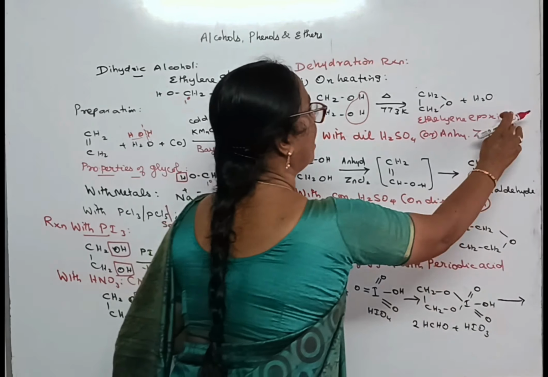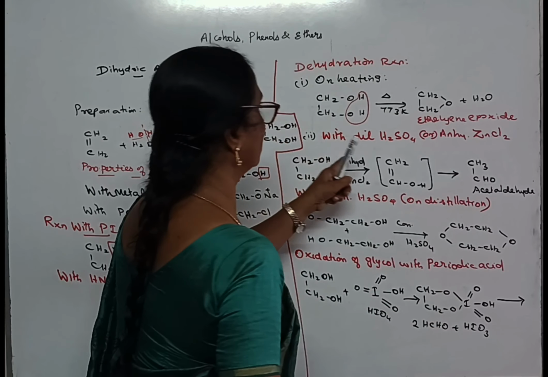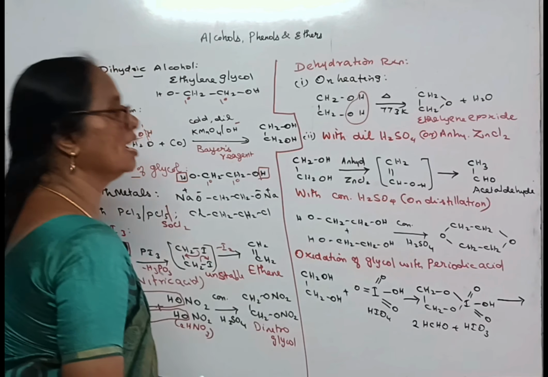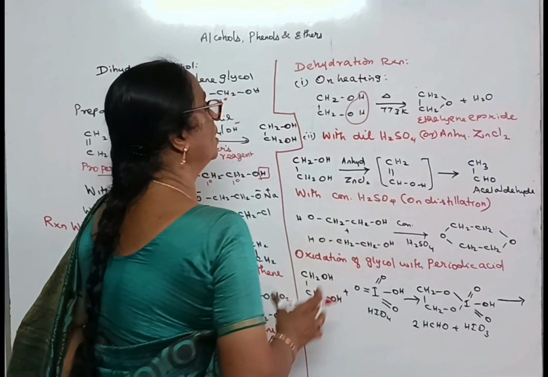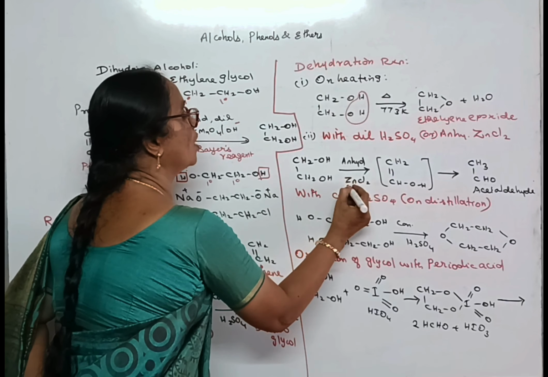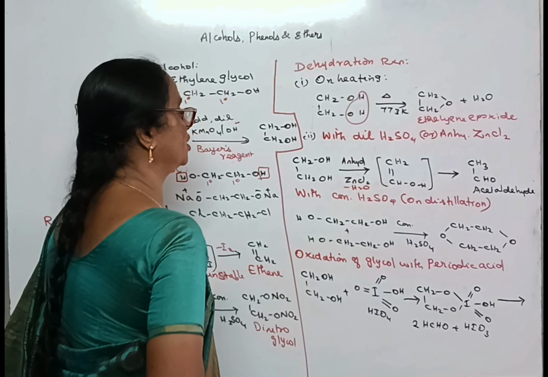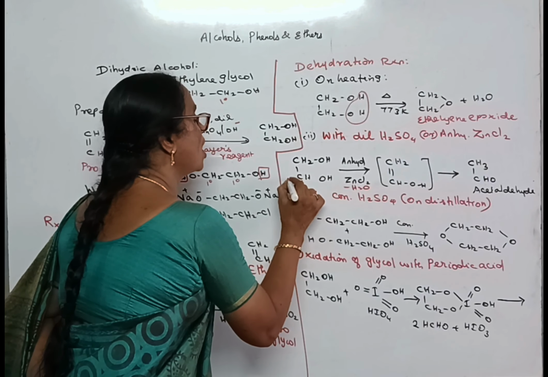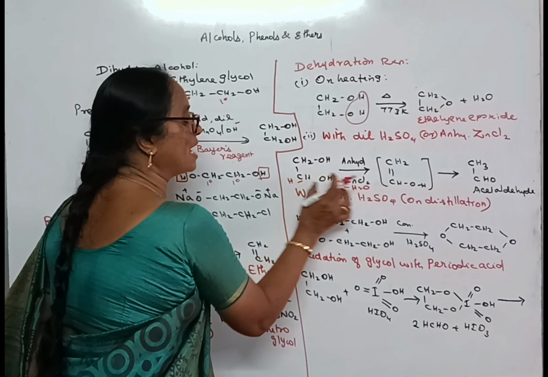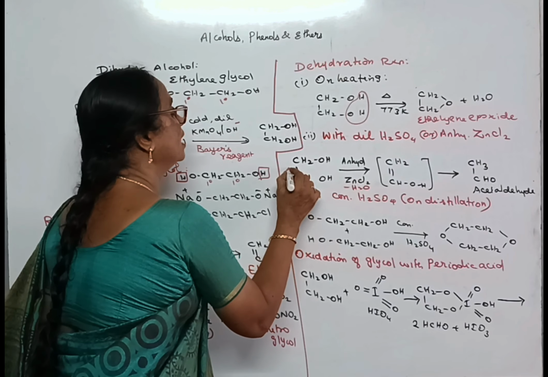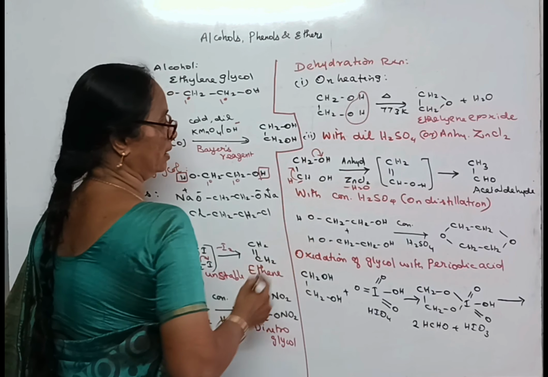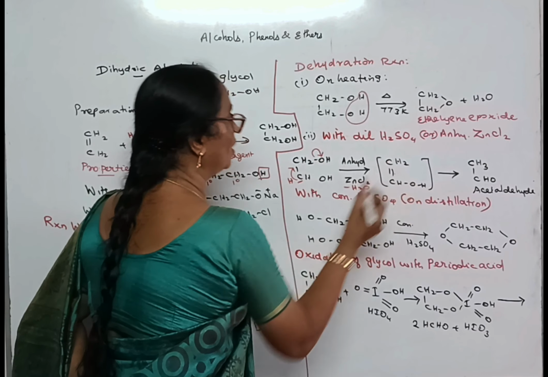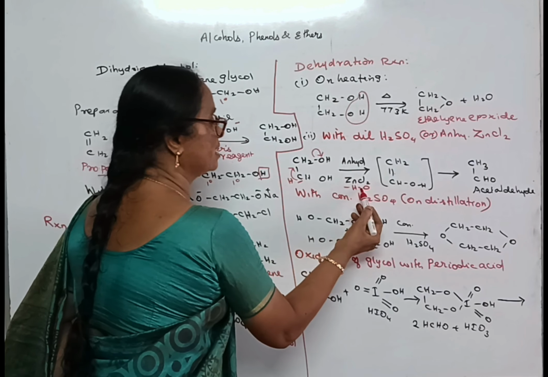At the same time, when it is treated with dilute sulfuric acid or anhydrous zinc chloride, it forms an unstable compound where a loss of water molecule takes place, minus H2O. The OH group from the adjacent primary alcohol is left as it is. Here the single bond between the carbons becomes a double bond, and the OH with the hydrogen is removed as water.